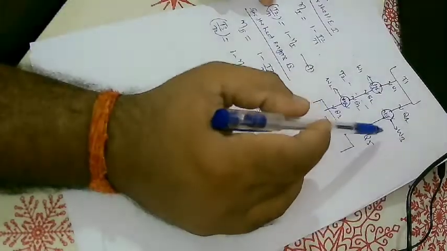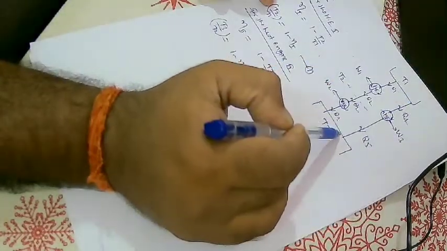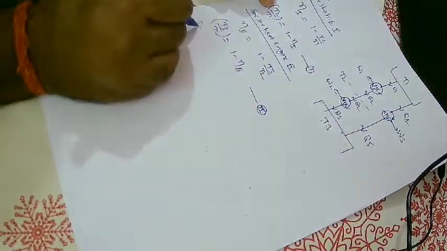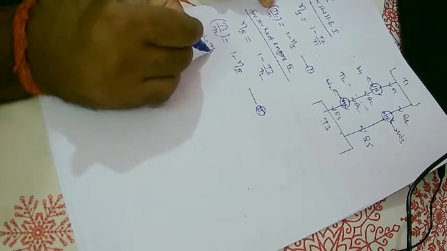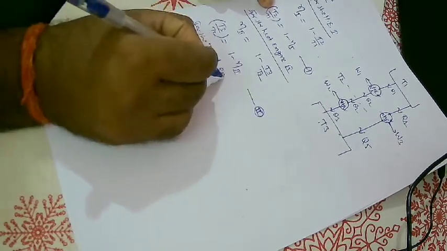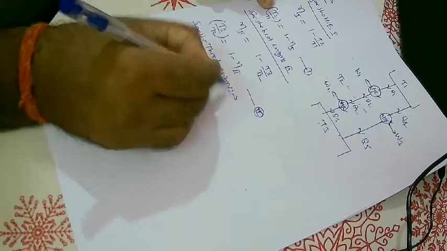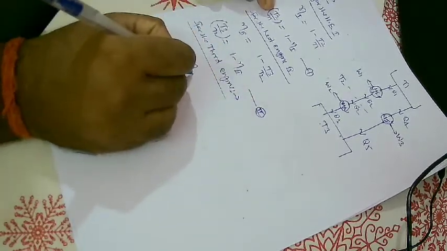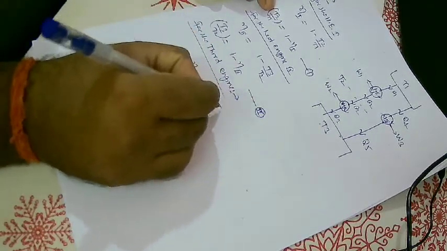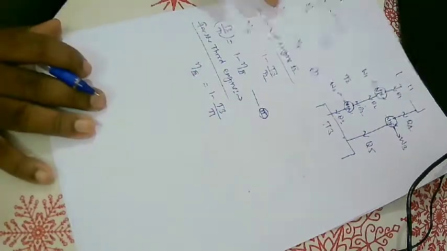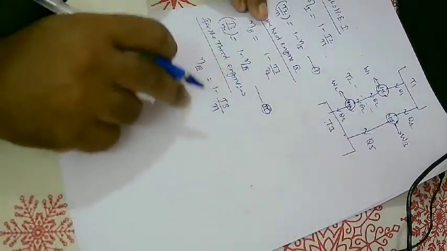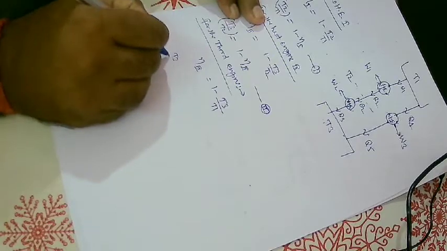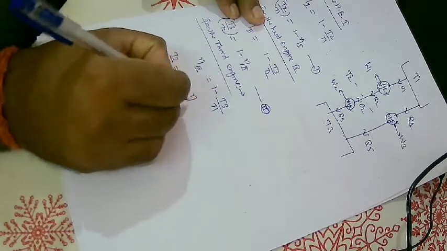Clear? Now we can go for the third engine which is operating between T1 and T3. For the third engine, efficiency 3 is equal to 1 minus T3 divided by T1. So T3 divided by T1 is equal to 1 minus efficiency 3.